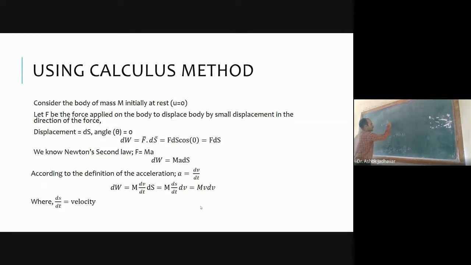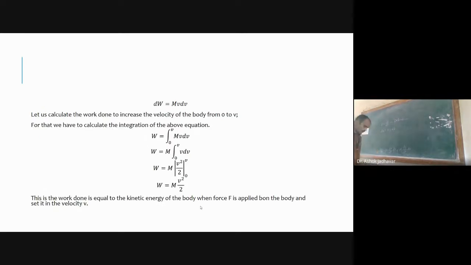So using this definition, I can write dW is equal to m as it is, at the place of ds by dt I can write v, and I will have dv here. So what we have observed is that dW is equal to m v dv. Did you understand this? Did everyone understand these steps that we have done so far?